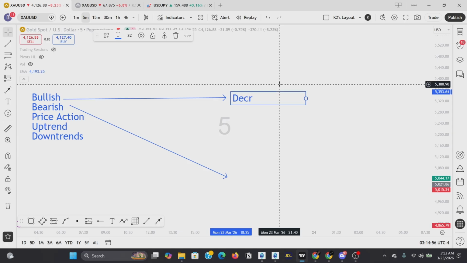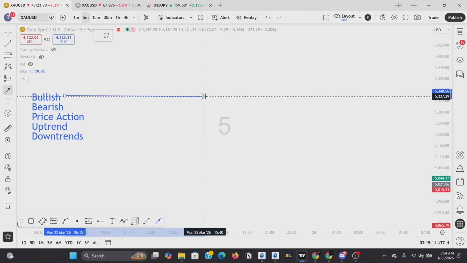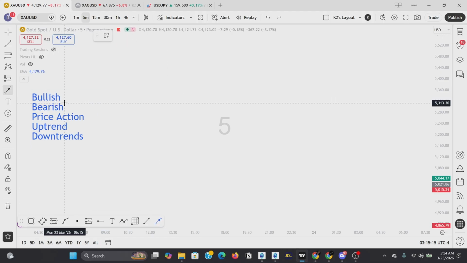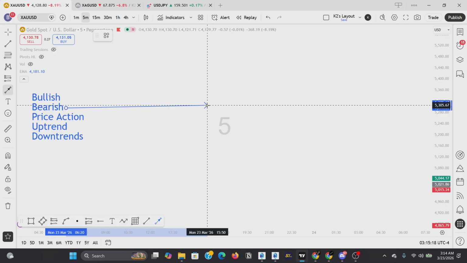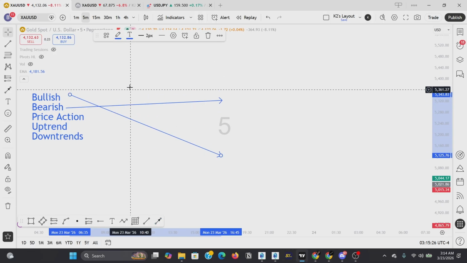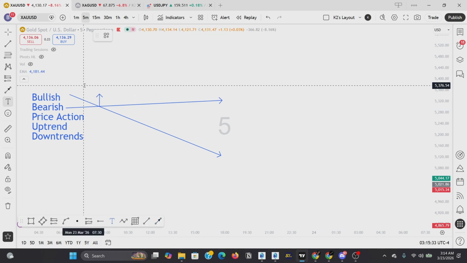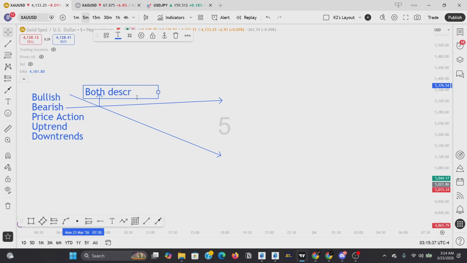Bullish and bearish both describe the current state of the market, right?